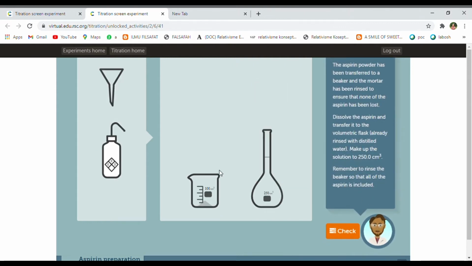The aspirin powder has been transferred to a beaker and the mortar has been rinsed to ensure that none of the aspirin has been lost. Next, add water into the beaker to dissolve it.